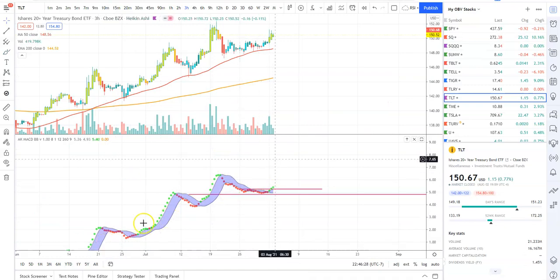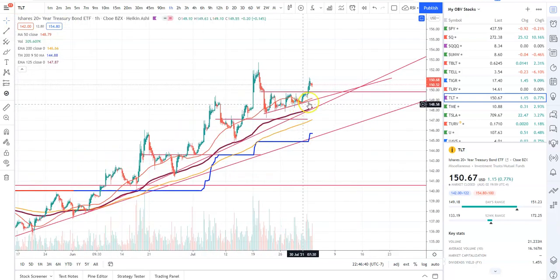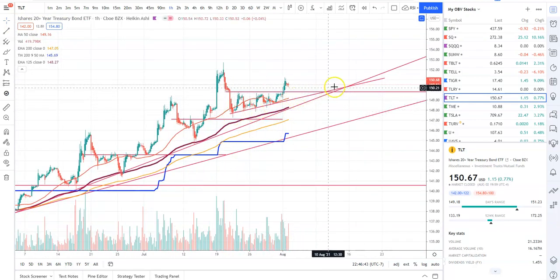Obviously, momentum on the 3 hour is still looking strong. We've got this 1 hour trend set, and moving averages are still moving nicely to the upside. I am not in any form or fashion worried about TLT right now.